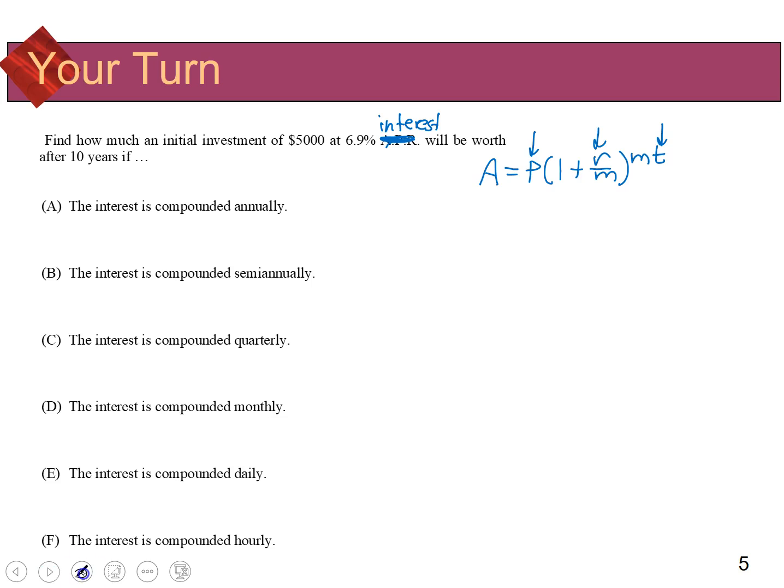It's going to be these two guys that are changing through the course of this problem. And we just want to get an idea of how just changing that portion of it is going to affect these answers.